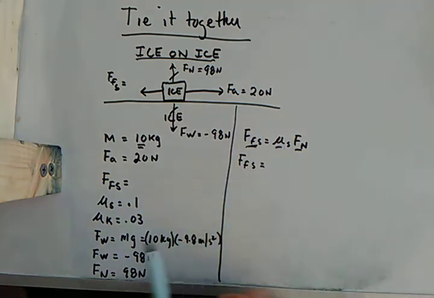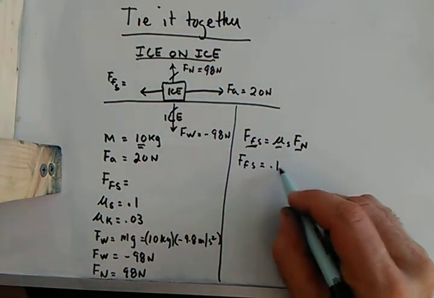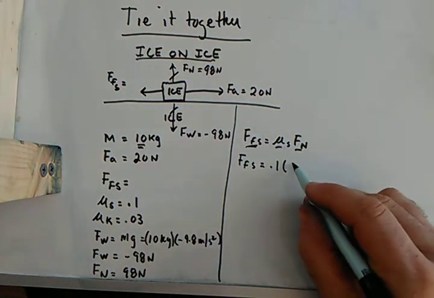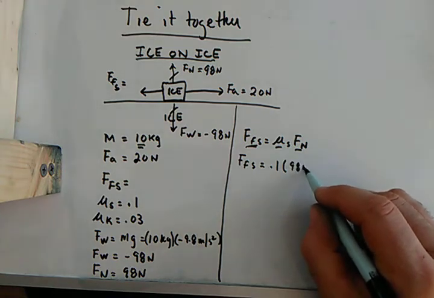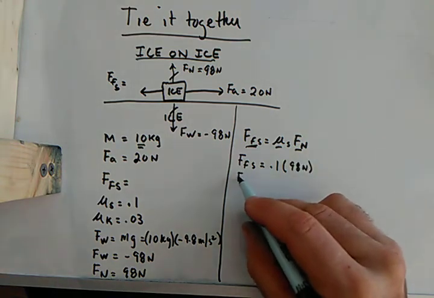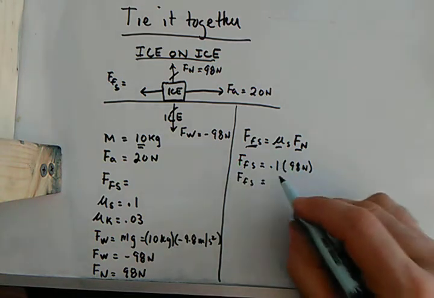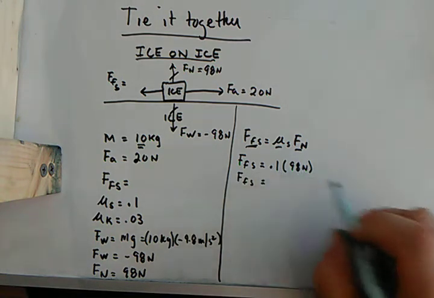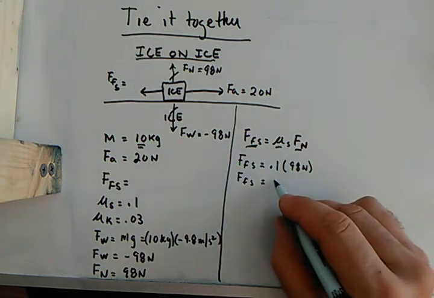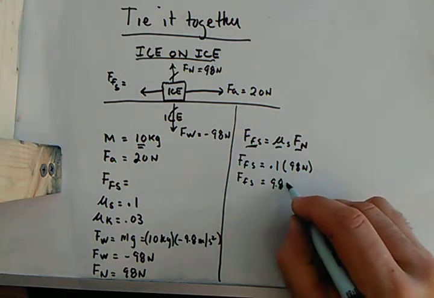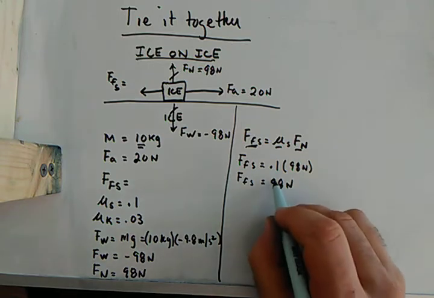Mu sub s was 0.1. The normal force is 98 newtons. So it turns out that the static frictional force is 0.1 times 98, or 9.8 newtons.